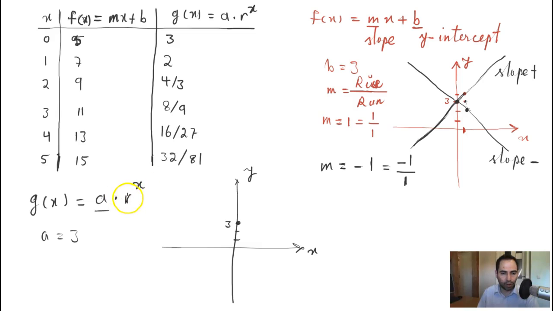And your r basically determines how fast your function is changing.